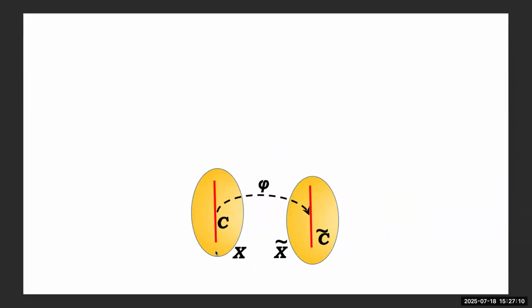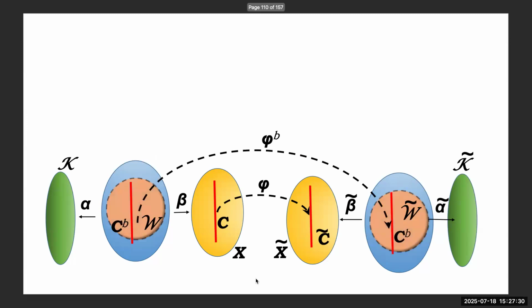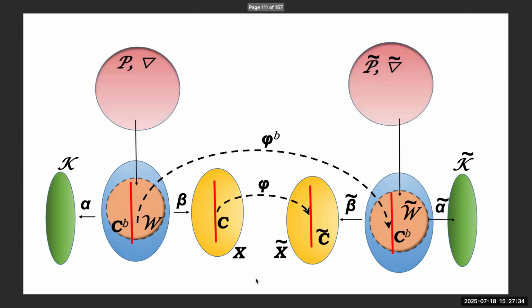So here's the picture. Suppose you have a formal isomorphism between C and C tilde. Then you have the universal family, and this formal isomorphism can be lifted to the universal family by the functoriality of Hilbert scheme. And then you have the Zariski open sets, and this canonical fiber space with canonical affine connections.